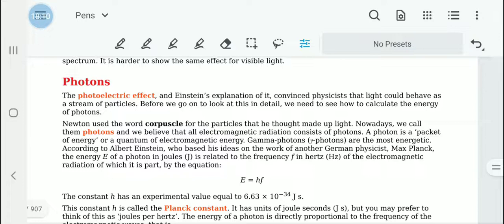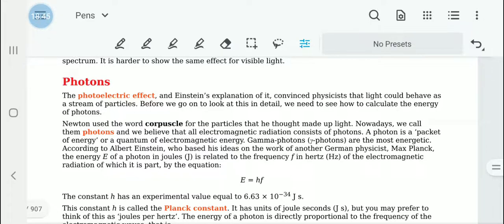So this proved that light can behave as a stream of particles as well. The corpuscle that Newton used to explain what light was made up of has been renamed, and we use the term photon for that particle.